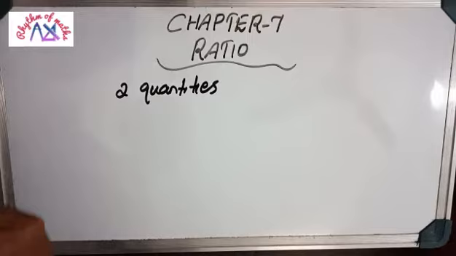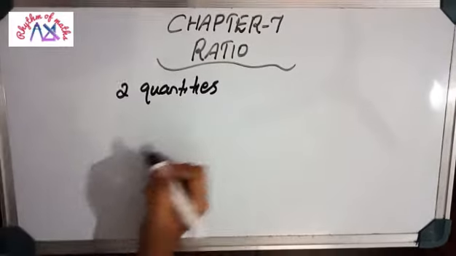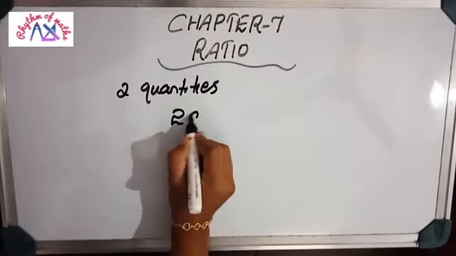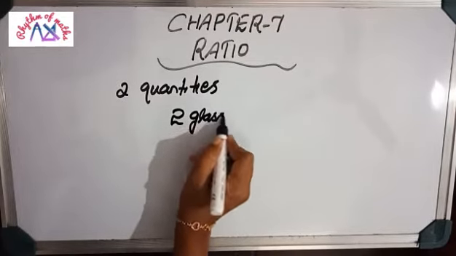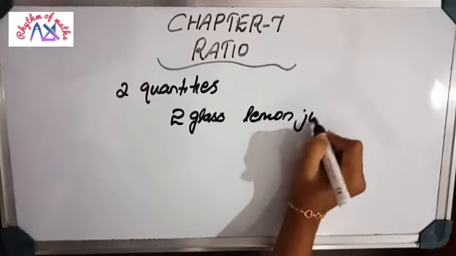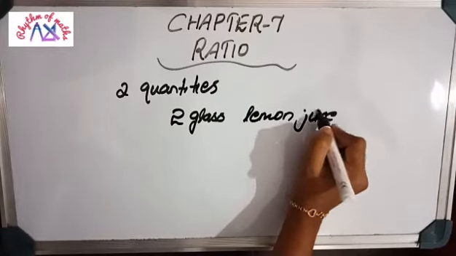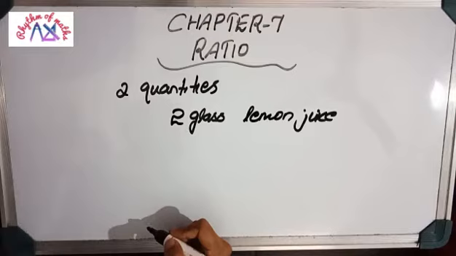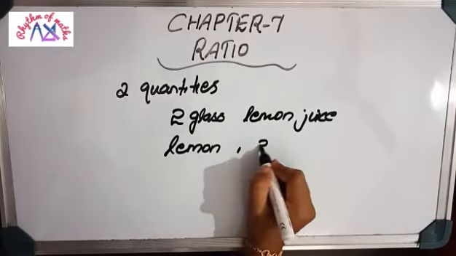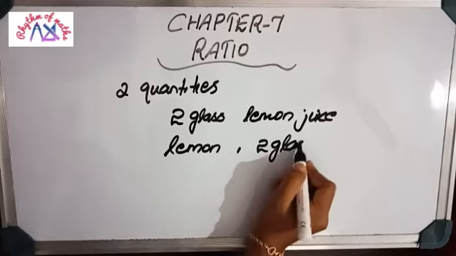That is ratio. For example, suppose we are going to create 2 glasses of lemon juice. In this 2 glasses of lemon juice, what all things will we use? Lemon we will use, then 2 glasses of water.